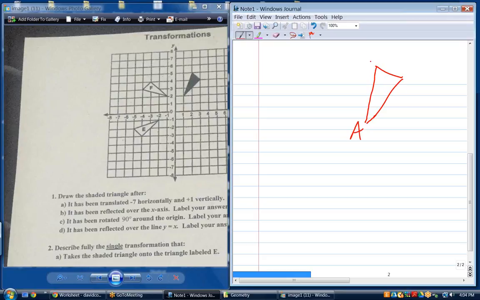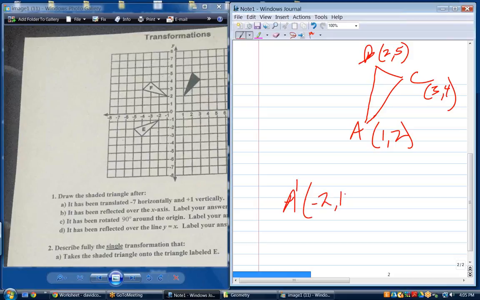Well, I don't know. Let me label these points. Let's call this A, B, and C. A is 1, 2. B is 2, 5. and C is 3, 4. And on the other end, A prime is, oh, I see what they've done, minus 2, 1. B prime is that right there.